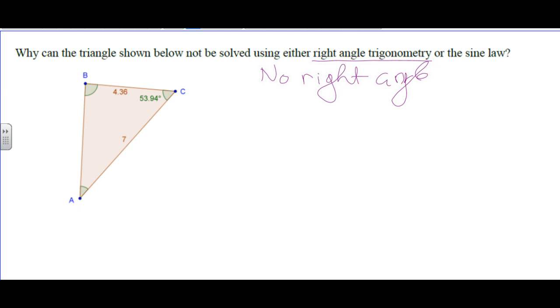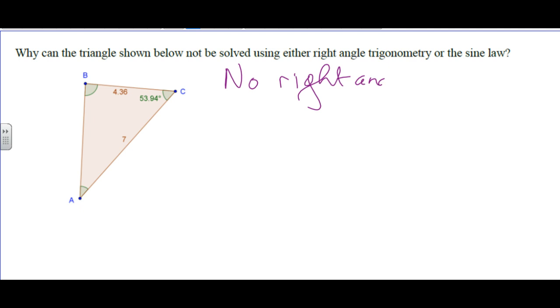So if you try and set this up, I've got this side, I got little b, I got little a, but the only angle I have is angle C, and I don't have side C. So no known pair. So no right angle, and we would need side C.